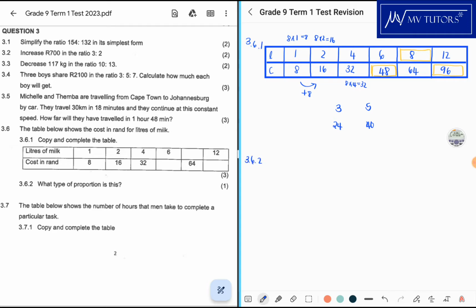3.6.2 says, what type of proportion is this? Here, if you were to sketch this graph, it's more of a linear relationship. In terms of what type of proportion it is, we have a numeric pattern.